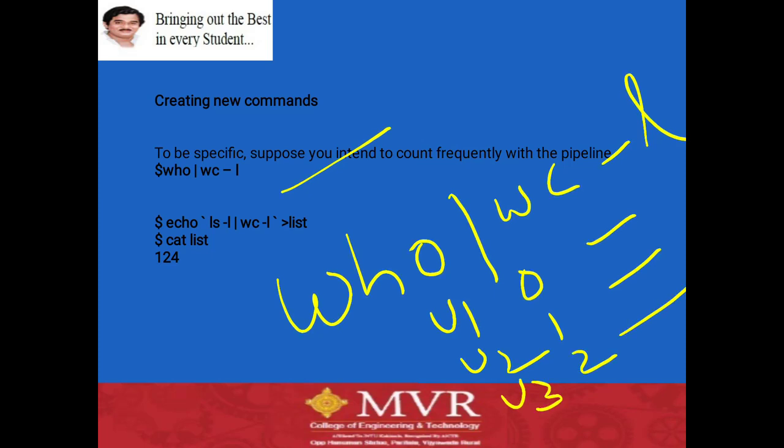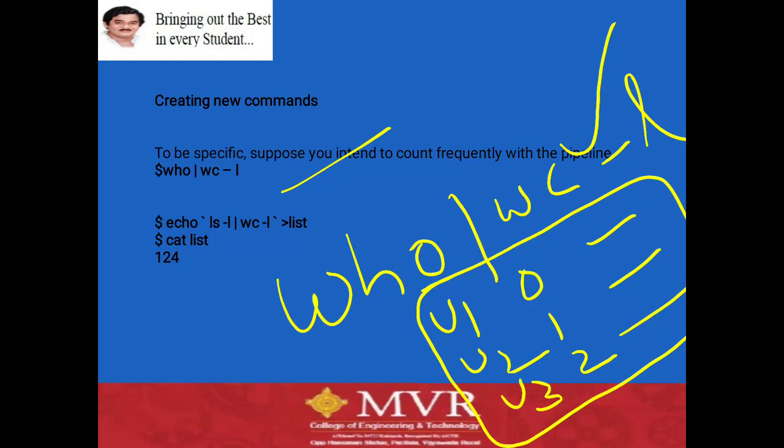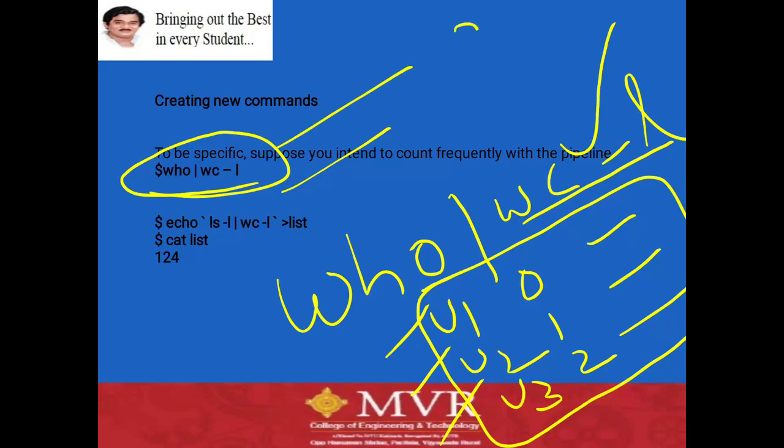Say it gives the output like this. This output will be fed to the wc -l command, which will count the number of lines. So 1, 2, 3 lines are there. The output of this command will be 3, which is nothing but the number of users currently logged in.